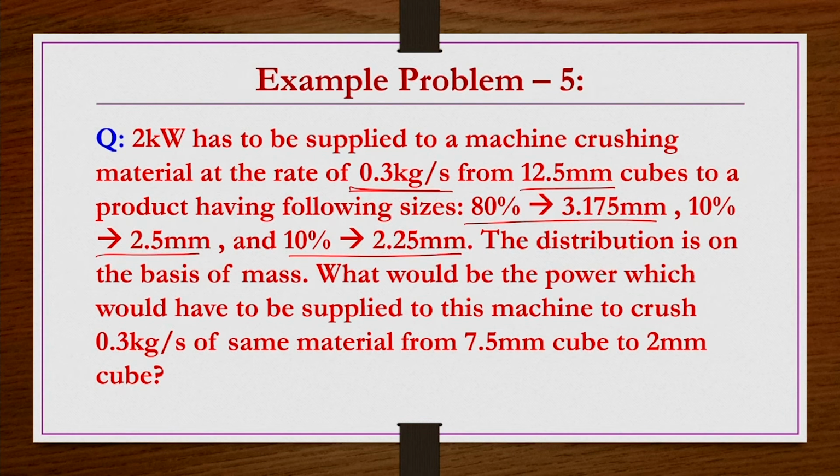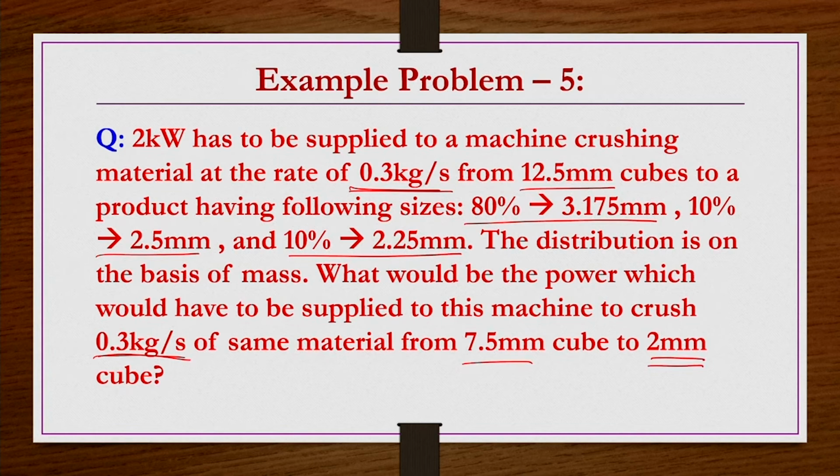So the product size distribution is given, on a mass basis. What would be the power which would have to be supplied to this machine to crush 0.3 kg per second of the same material from 7.5 mm cubes to 2 mm cubes?